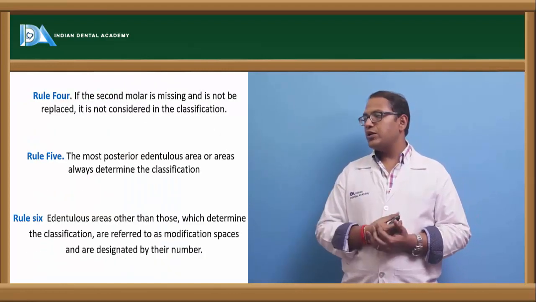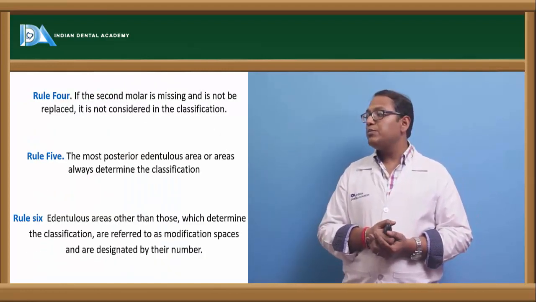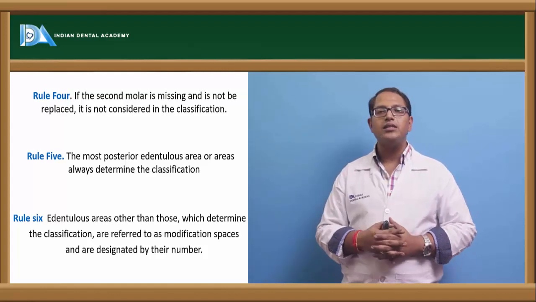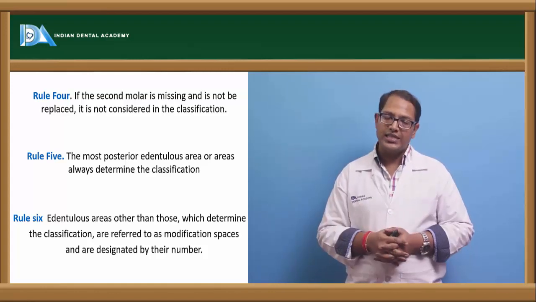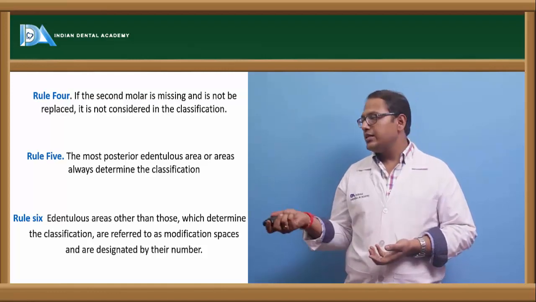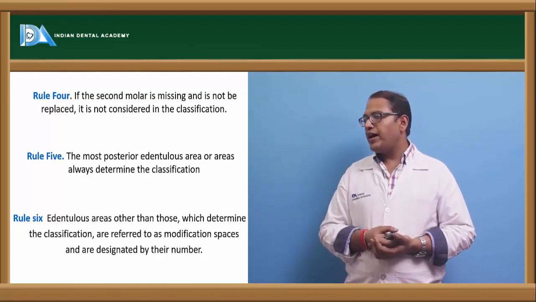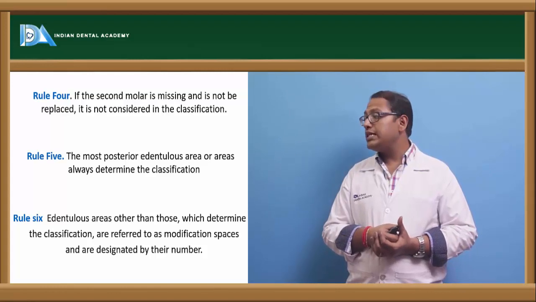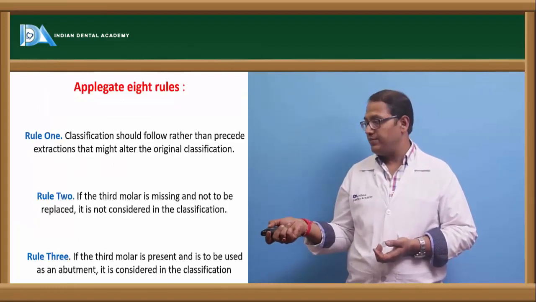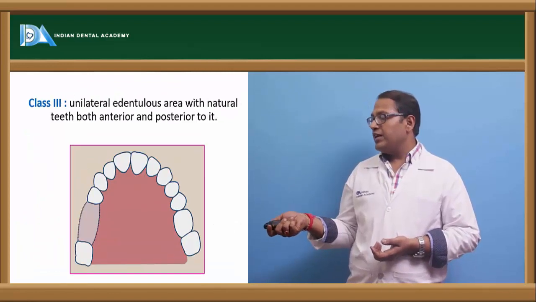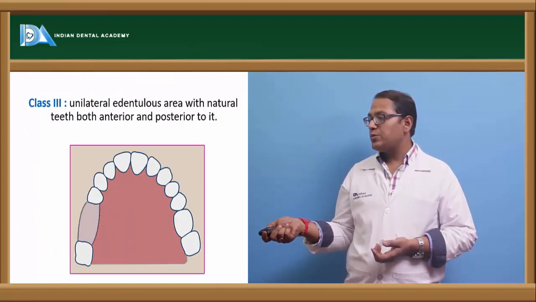Rule number 4 says if the second molar is missing and is not to be considered for replacement, do not include it in the classification. Similarly, the same goes. Rule 5 says the most posterior edentulous area will determine the classification. That means if I have an edentulous span here like this and these two molars were also missing, it was edentulous over here also.